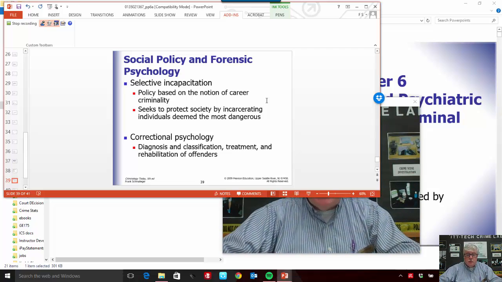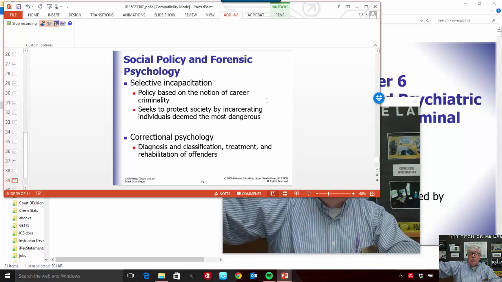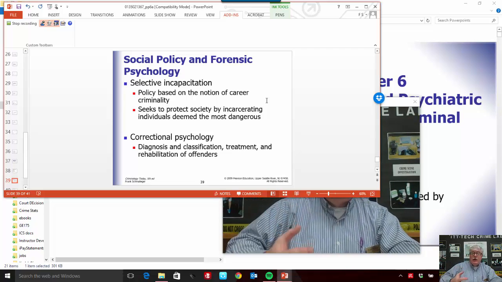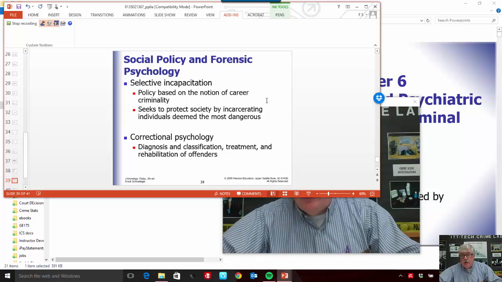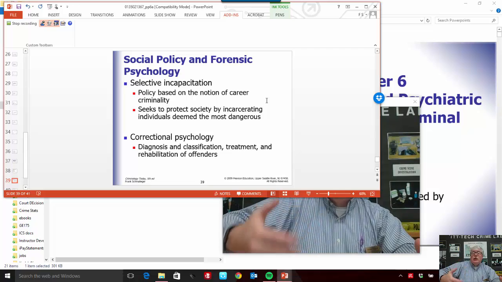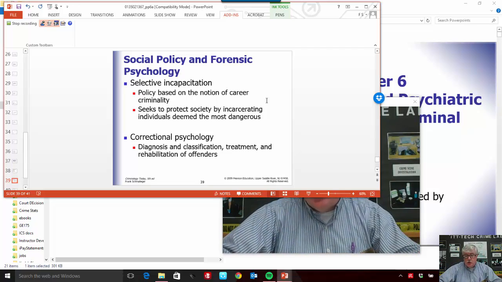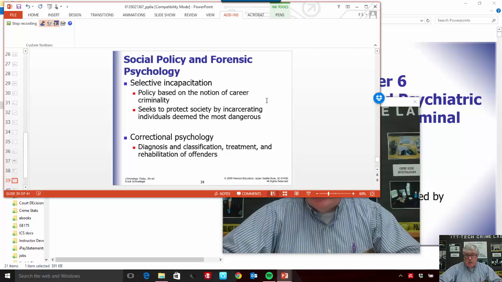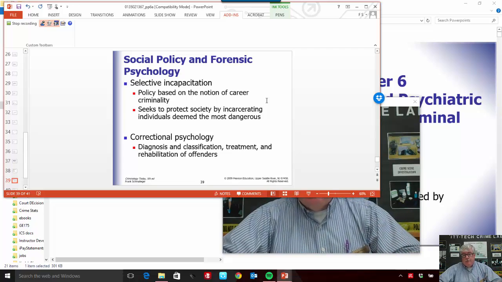Correctional psychology is basically what's done within the prison system. When we have people coming in, we know they have mental illness or issues, then we've got to diagnose these people, we've got to classify them, we've got to provide them with the proper treatment and hopefully rehabilitation so that maybe they're going to be a little bit better with their mental issues when they leave the prison system than when they came in.